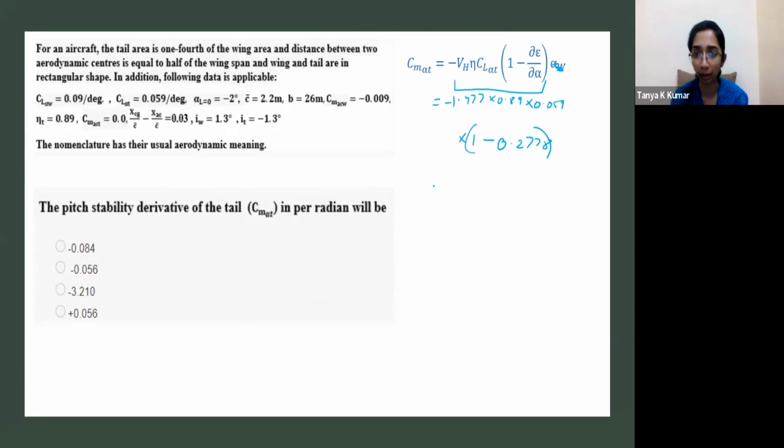Now, can someone just tell me the final value here? Cm alpha tail. Just multiply these things fast. And this would give you a value in per degree. Okay, so now we need to convert it to per radian after this. So what is the value in per degree? Just calculate this value fast. Just multiplication.